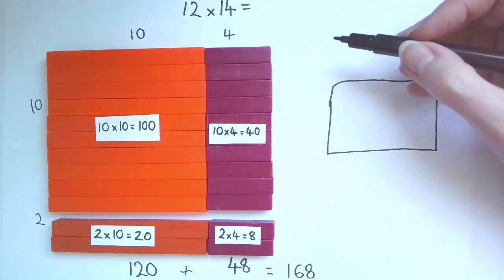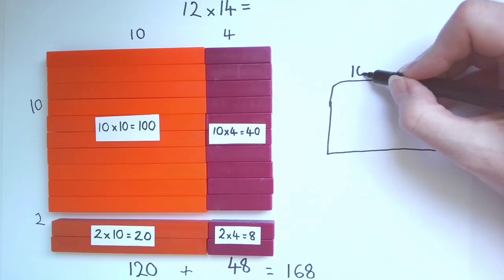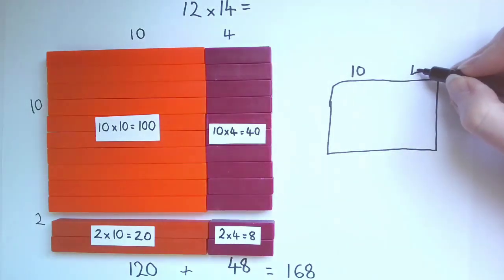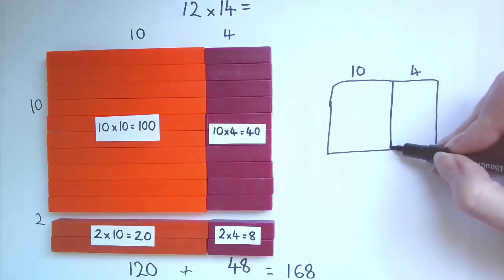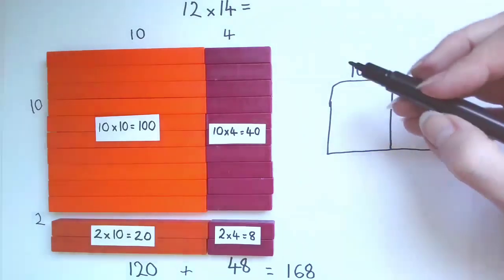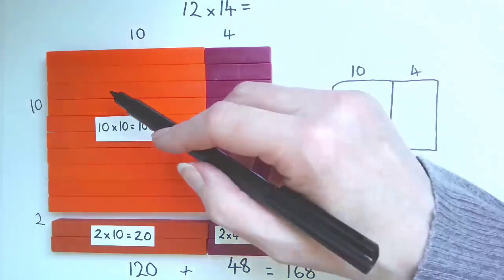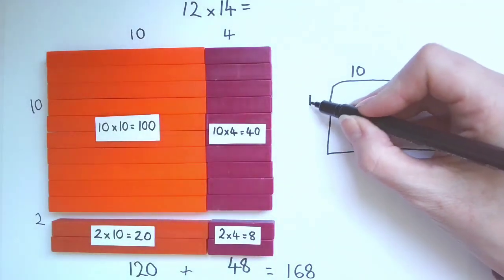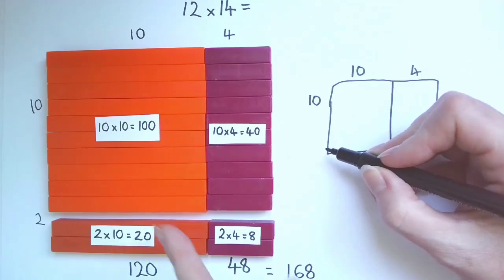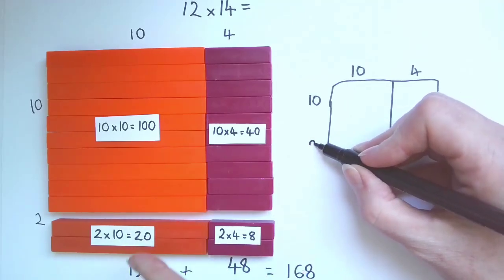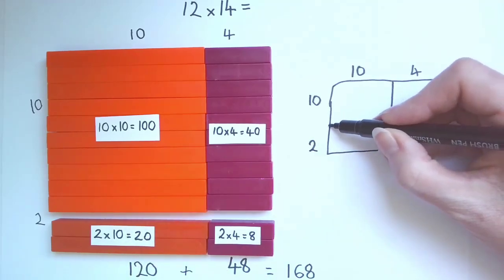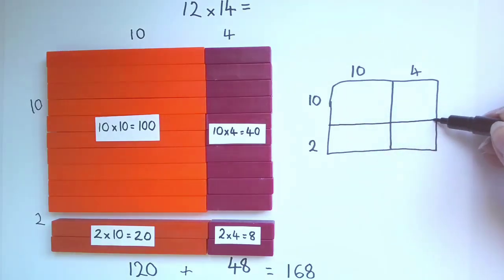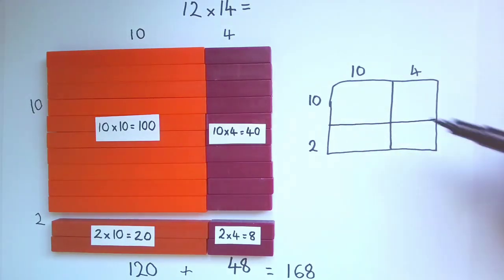So let's partition the 14, just as we did with our manipulatives, into 10 and 4. But we also need to partition the 12. We've got 12 lots of 14, and we can partition that into our 10 lots like we did here, and then 2. So now we can see the 4 separate calculations we need to do.